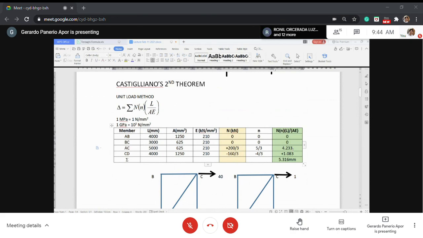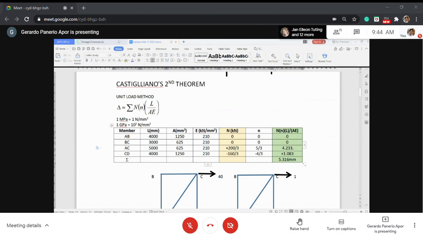Okay, 200 times 5 times 5,000 divided by 210 divided by 9. 4.233.